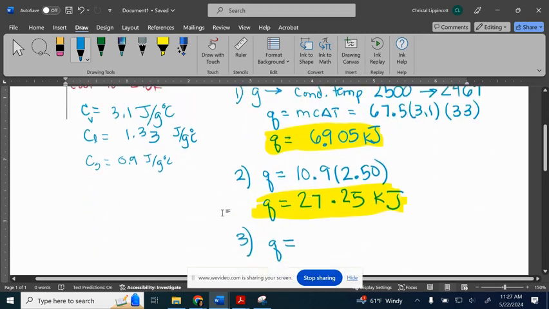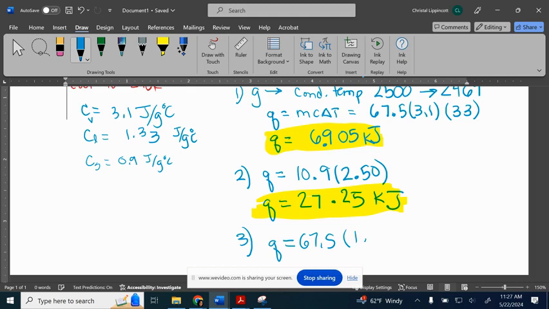So my mass is, and I'm just essentially repeating this, except I'm changing this number to this guy. And I'm changing the amount of temperature change. So my mass is going to be the same, 67.5. I'm going to multiply by the specific heat for this liquid, which is 1.33. Then I'm going to go through my temperature change.